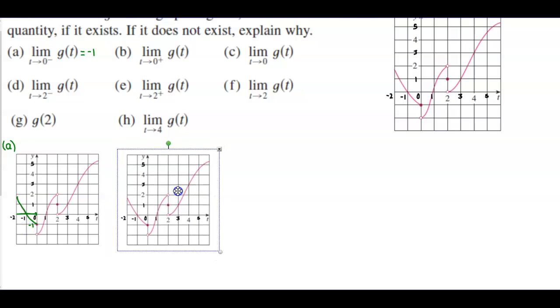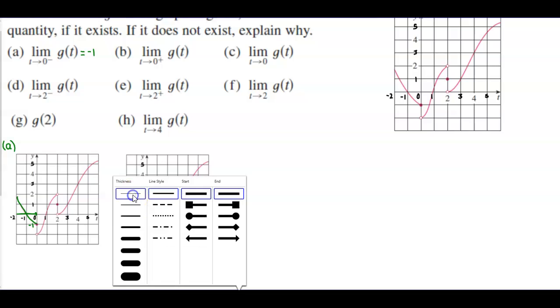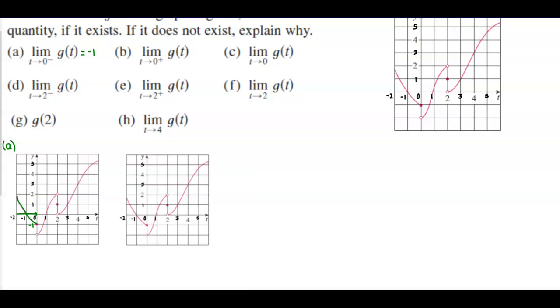So let's take a look at part B. It's asking us to find the limit of the function g of t as t approaches 0 from the right.